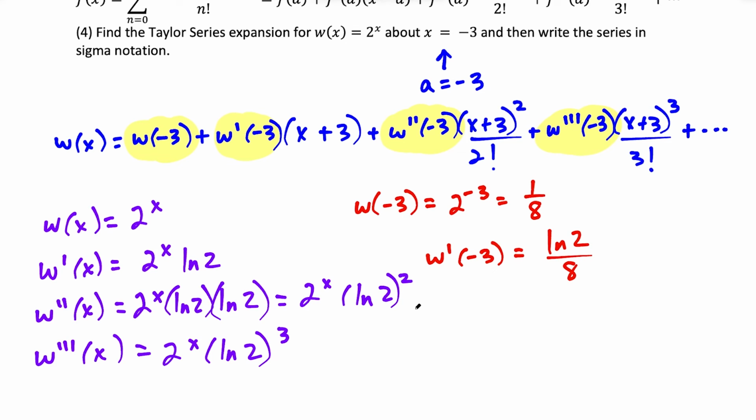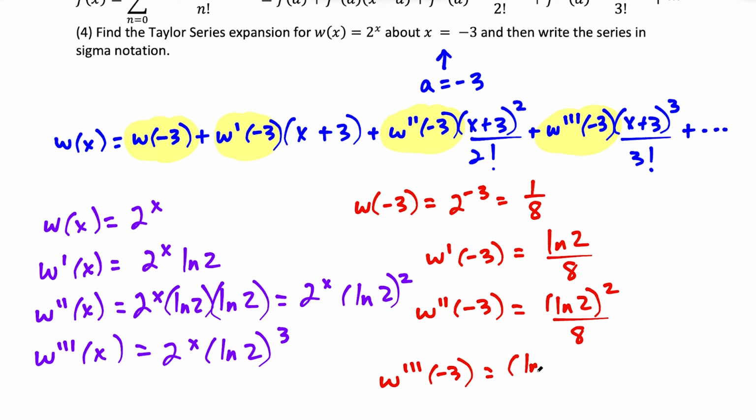And then for our second derivative, we're going to have w double prime at negative 3 is equal to, when we plug in negative 3, natural log of 2 in parentheses squared over 8. And now for our third derivative, we have w triple prime at negative 3. This will be equal to natural log of 2 to the third power over 8.